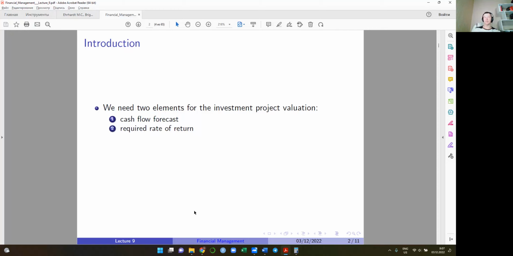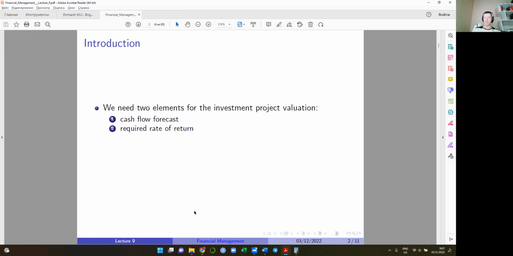So I hope you see the whole picture of our path. We started with the methods of investment project valuation, payback, NPV, IRR, modified internal rate of return, and so on. We discussed their limitations.